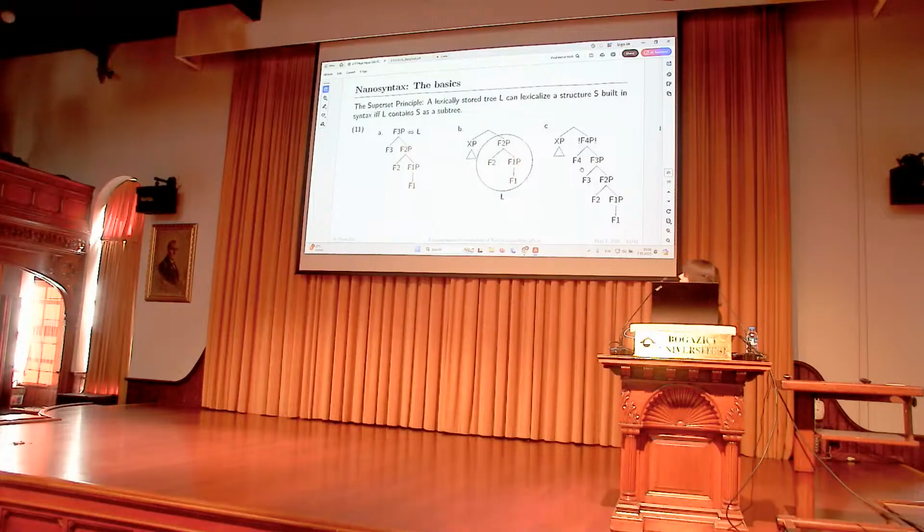So you have your entry L on the very left, and you have 11B, and you see that F2P is able to be lexicalized as L even though it doesn't have F3P in it, because F2P is a subtree of the entry, so it can be lexicalized. On the other hand, you have 11C, which cannot be lexicalized as L because L doesn't have F4 in it.